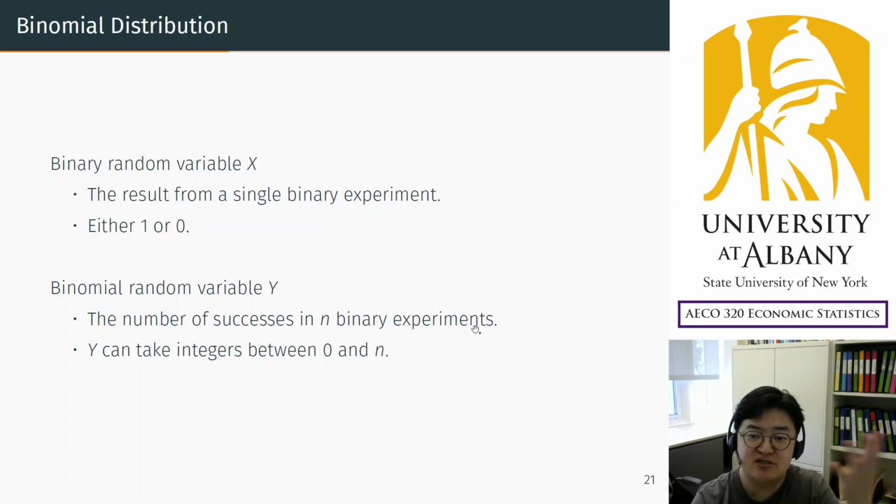So an experiment is a quiz, right? It can be an integer between 0 and n. If you choose all wrong answers, your grade will be 0. If you choose all correct answers, your grade will be n, the number of questions.